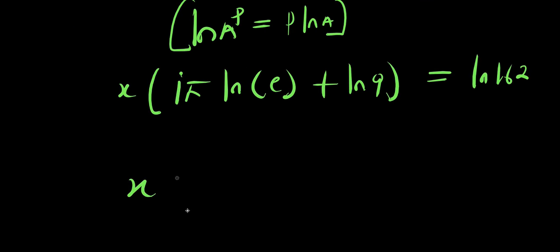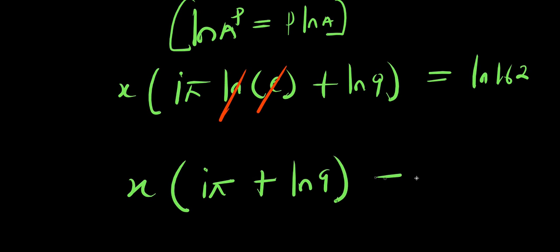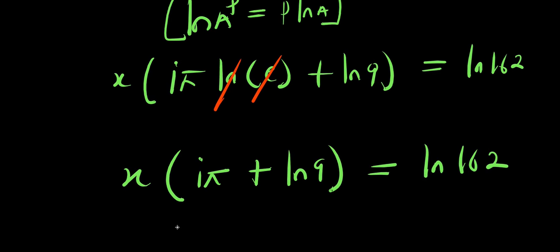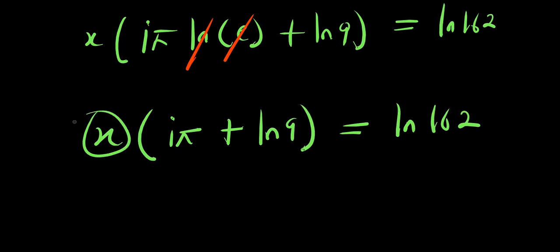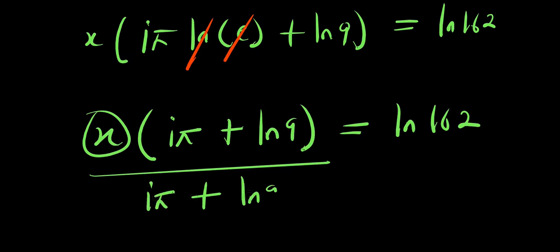So from here we have x times i times pi. This cancels this, then we have plus natural log 9 equals natural log 162. So isolating x, I divide this by i times pi plus natural log 9, and divide the other side by i times pi plus natural log 9.